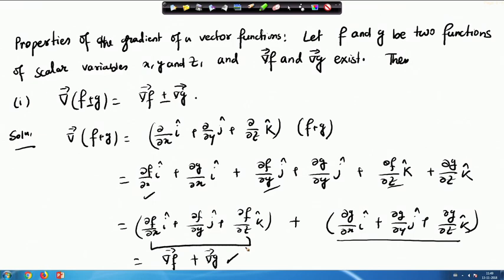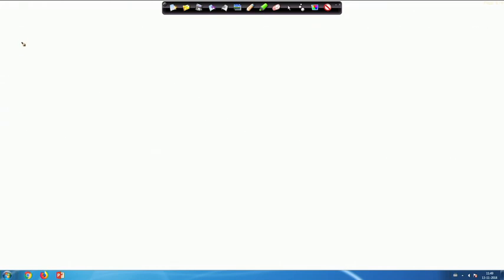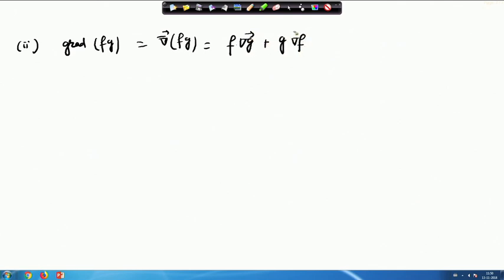So, the proof is not that complicated. Now, we can also have a result or property for the gradient of the product, which we also write with the nabla symbol. So, the gradient of the product equals f times gradient of g plus g times gradient of f.